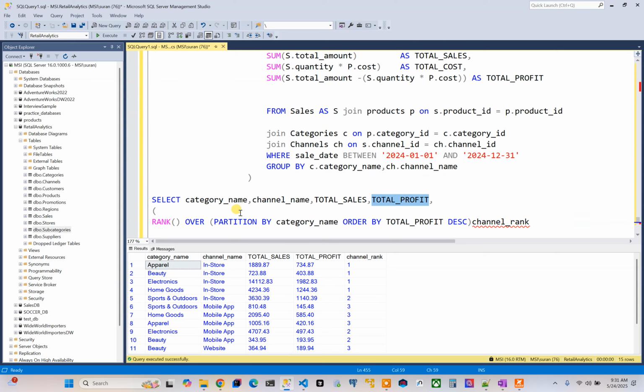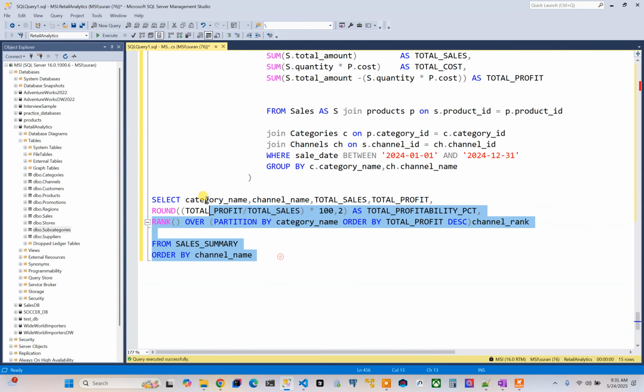You need to give total profit by total sales multiplied by 100. I will round it as a total profitability percentage, PCT.